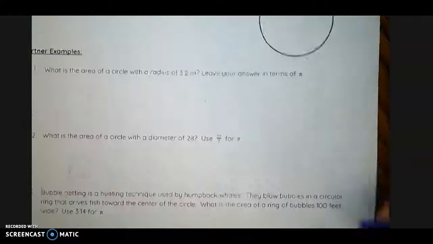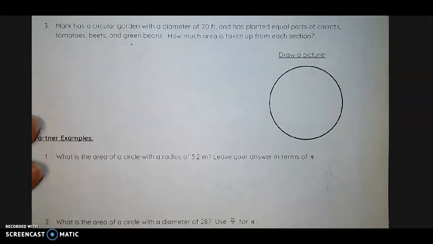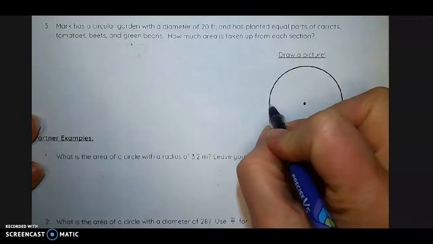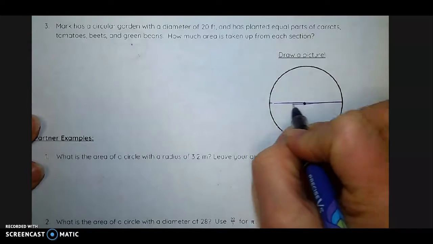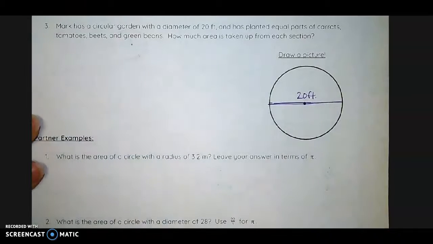We're going to do one more on the back before the rest on the back is partner practice. And we have Mark has a circular garden with a diameter of 20 feet. So here's about my center. My diameter, remember, goes all the way through, and that is 20 feet. And he has planted equal parts of carrots, tomatoes, beets, and green beans.